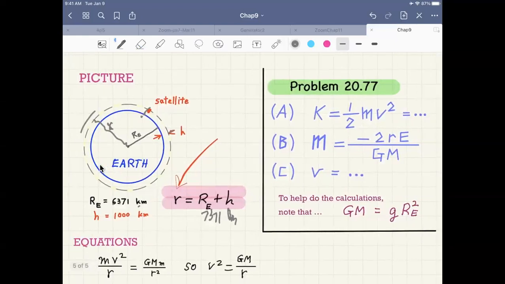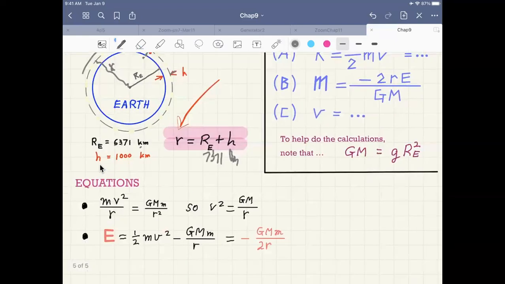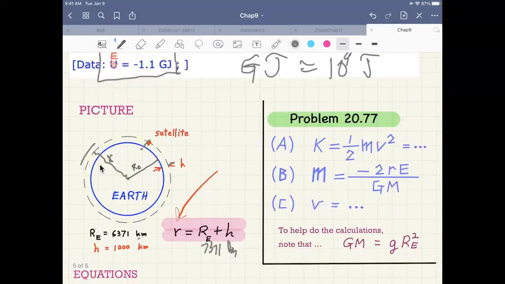Now here's the problem. It's problem 77. I don't know why this keeps saying 2077. It must be 9.77. Chapter 9, problem 77. Well, the satellite is moving around with some speed v. The kinetic energy is a half mv squared.